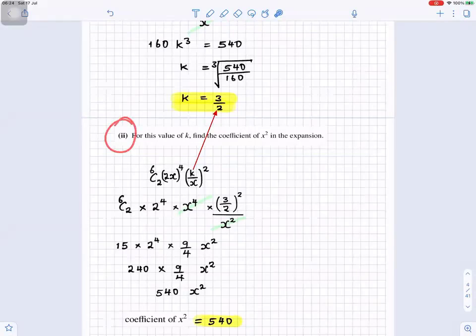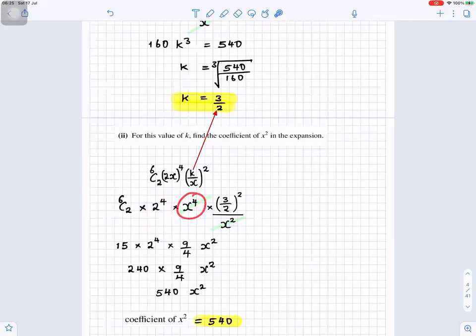For part 2, for this value of k, find the coefficient of x squared in the expansion. So we've got 6C2 times 2 to the 4.